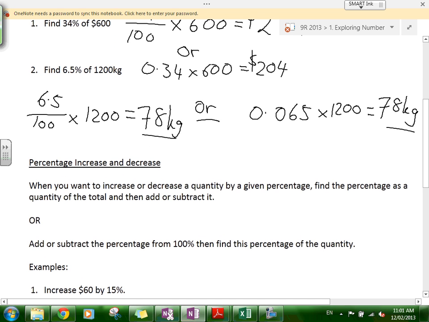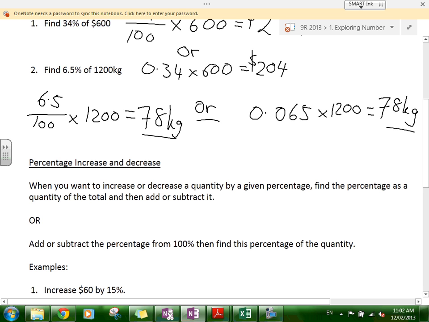The other method is you add or subtract the percentage to or from 100%, and find this percentage of the quantity. Explaining it like that doesn't really make a lot of sense, but if you're increasing something by say 15%, what you're actually finding is 115% of the original. So we can straight away find 115% of a given quantity. Or if you're reducing something by 15%, what you're actually looking for is 85% of the original.